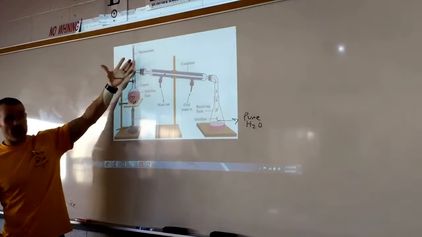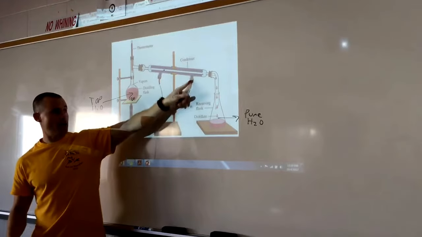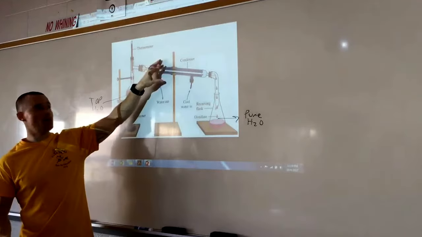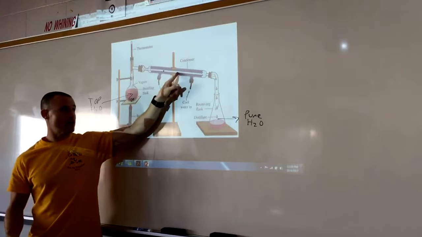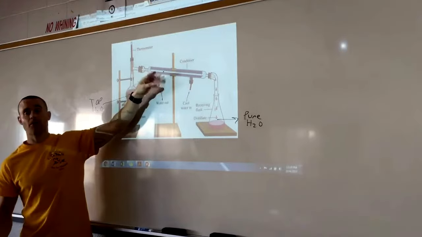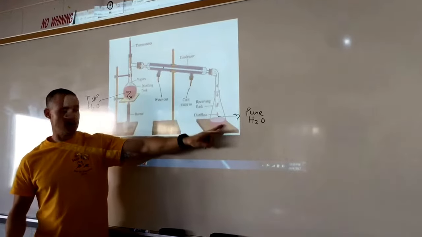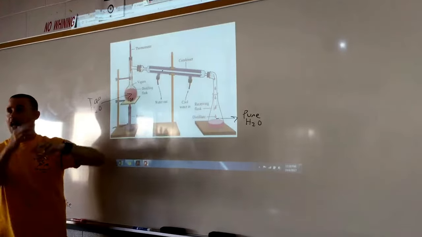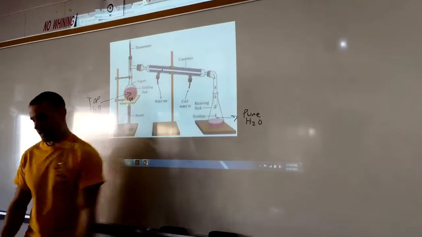So the water evaporates. The cold water coming in here, it's essentially tap water, is going around this tube. The inside tube has the hot vapor that condenses and then drips into this flask. So this cold water in and out never touches the vapor. There's glass in between them. It just cools it down.